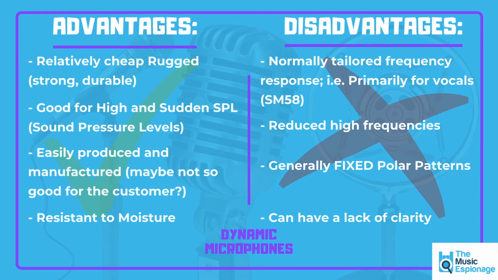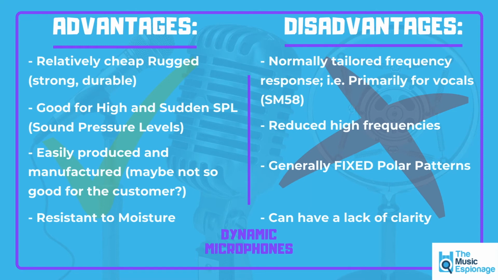That's sound pressure levels. So they're really good, as we said, at snare drums, kick drums, toms, guitar amplifiers, bass amplifiers, live on-stage vocals. Dynamic microphones are a lot cheaper than, say, your condenser or ribbon microphones. Also, dynamic microphones are resistant to moisture. So like we said, they're more rugged, they're less likely to break.